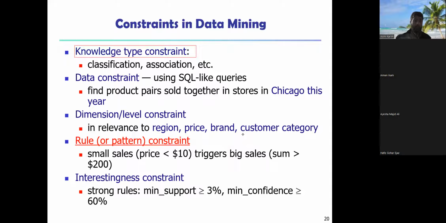So again, right up front, you're constraining your process. So that's also a constraint. It's a knowledge type constraint. Knowledge in the sense that the actual information that you will get out of it. So if you want the pattern to be in the form of item sets, then you'll be doing frequent pattern mining.